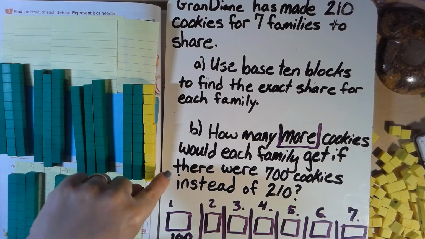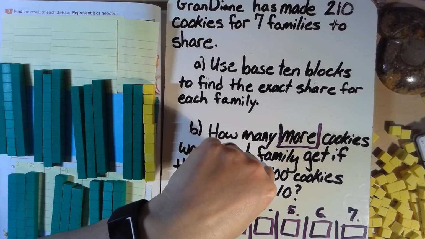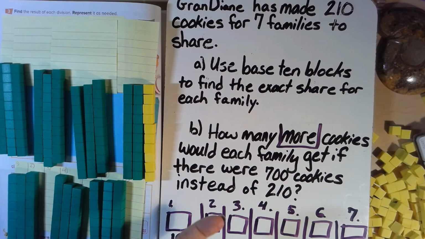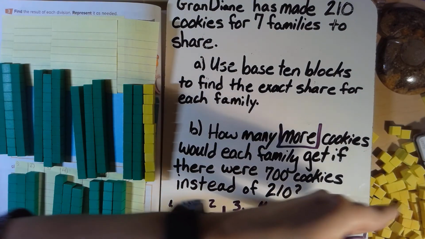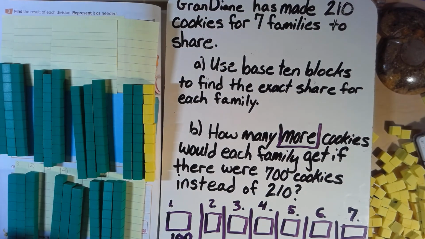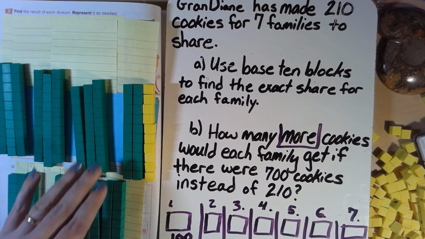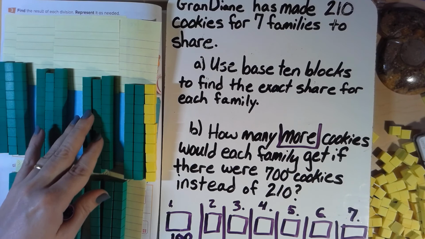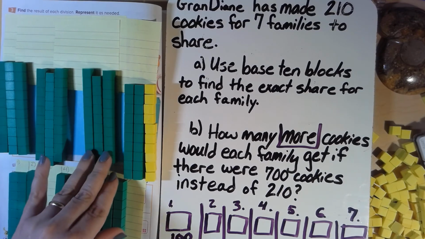So if I had 700 cookies for 7 families, each family would get 100, right? We know that because we just figured it out. But now you have to remember how many each family got if I only had 210 cookies. Do you remember how many cookies each family got? It was 30, wasn't it?